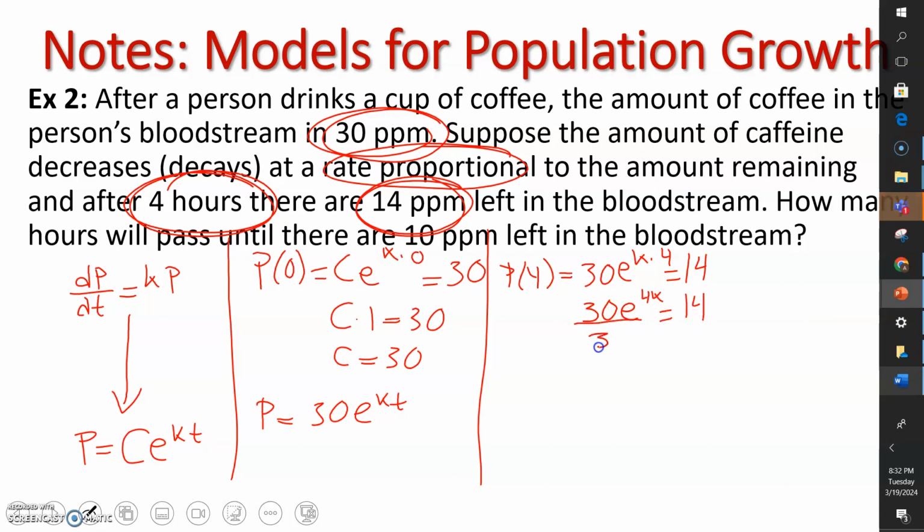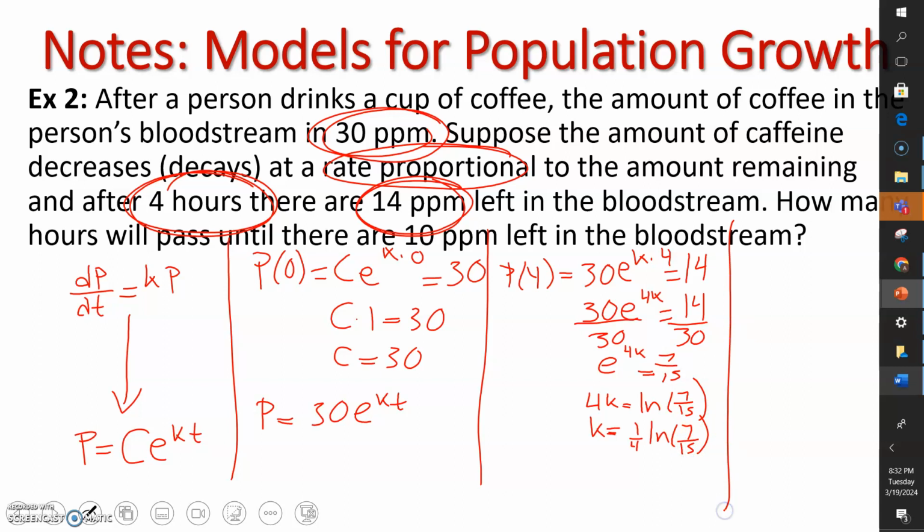Let's divide both sides by 30 so we can solve for k. We get e to the 4k, and then let's reduce this by 2, so it's 7 over 15. And then we'll natural log both sides, so 4k is equal to the natural log of 7 over 15, or k is equal to 1/4 ln of 7/15.